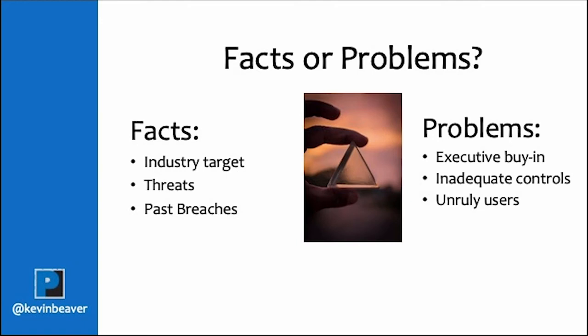But you can change the problems you have, such as weak relationships and the lack of buy-in on the part of executive management, lackluster security controls that are not doing what they need to be doing, and even something as seemingly impossible to deal with, your users who are continually making bad choices.